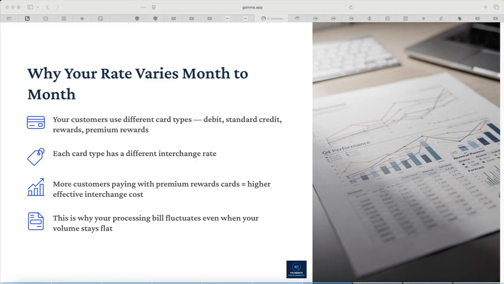Others are using premium rewards cards or Visa Infinite products that carry the highest rates in the table. The mix changes month to month based on who is shopping. More customers paying with premium cards means a higher average interchange cost for that month and a higher overall processing bill, even if your revenue did not change. This variability is completely invisible on a flat rate statement because the processor absorbs it. On Interchange Plus pricing, you see it clearly as a line item.